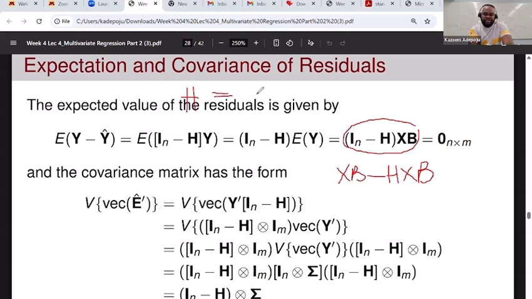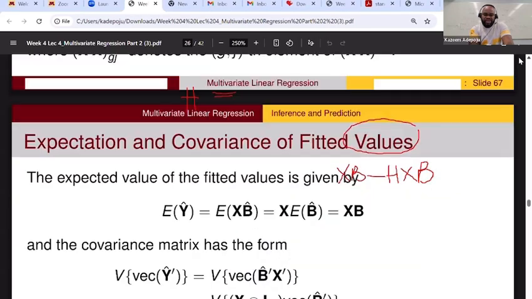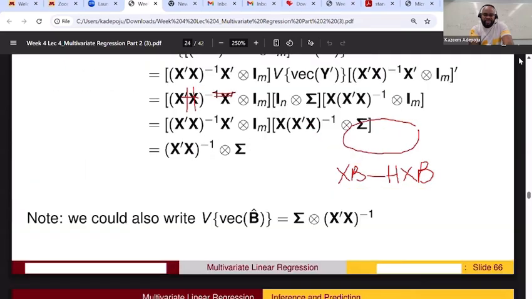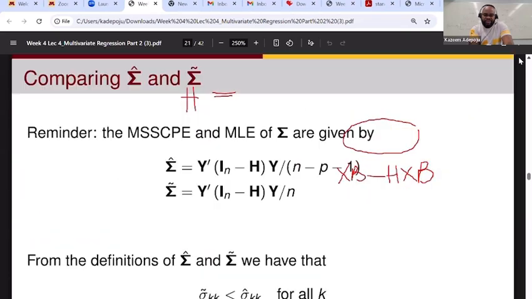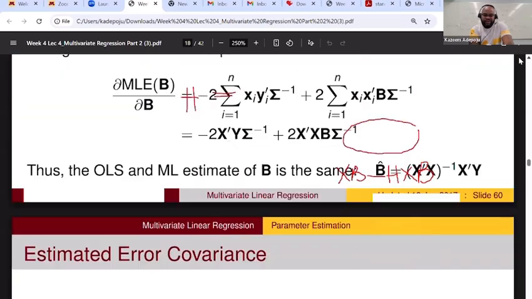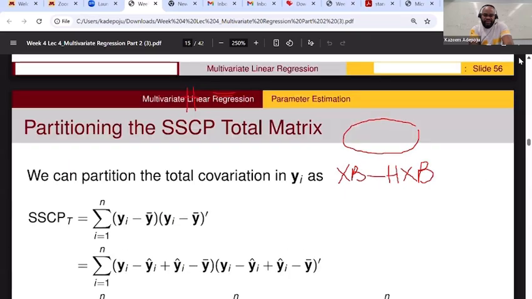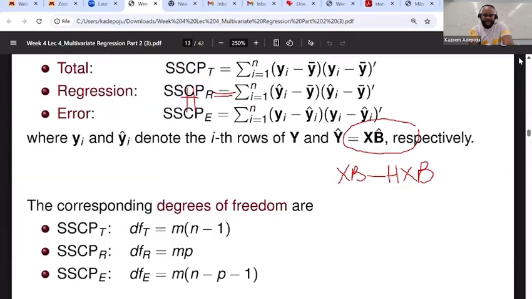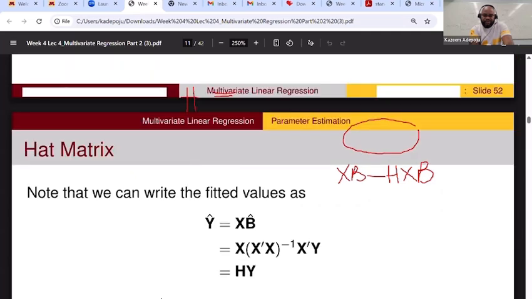Now, the hat matrix, if you can recall from what we've done before, I think I showed what H actually represents. One second, I just want you to see the hat matrix that we've mentioned before. Okay, so it's right here.